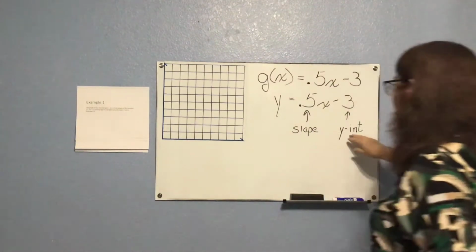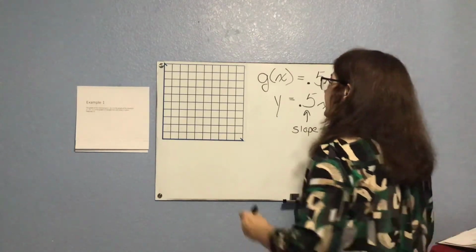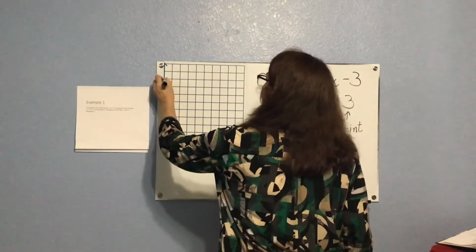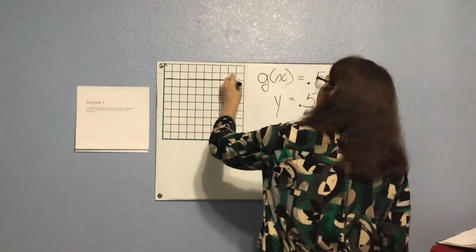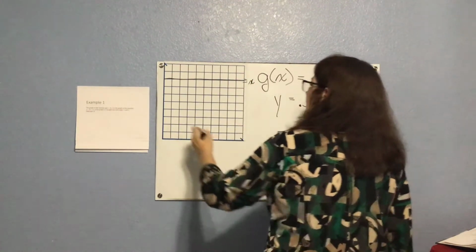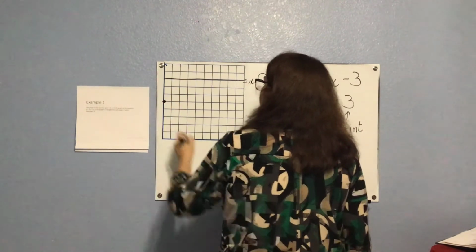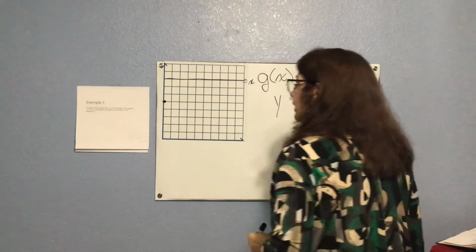We're going to start with the y-intercept, which is -3 in this case. So I'm going to put my x-axis up here, and then -3 would be right here. So that's the beginning of my graph.